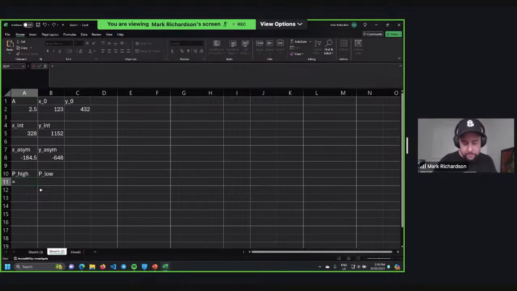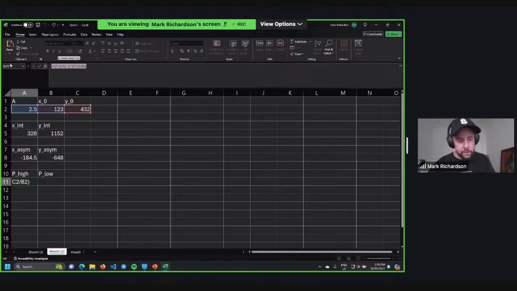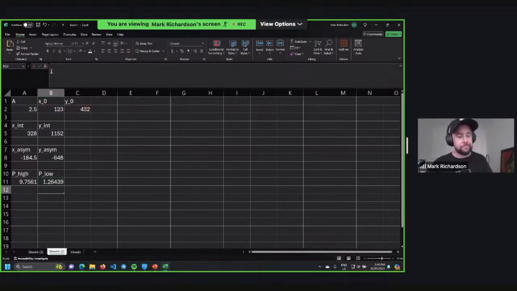So for p high, this is going to be a squared divided by a minus 1 squared, multiplied by the quotient of y0 and x0. So this is our p high value. And then our p low value is more or less the same thing. You just flip the a terms around the other way. And this will give us our p low value.